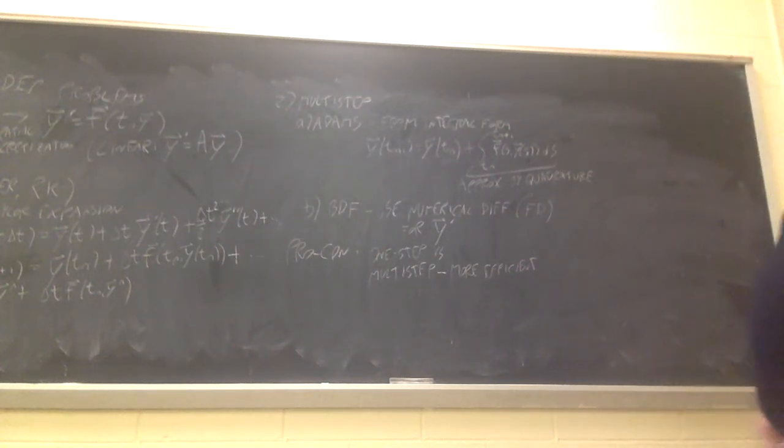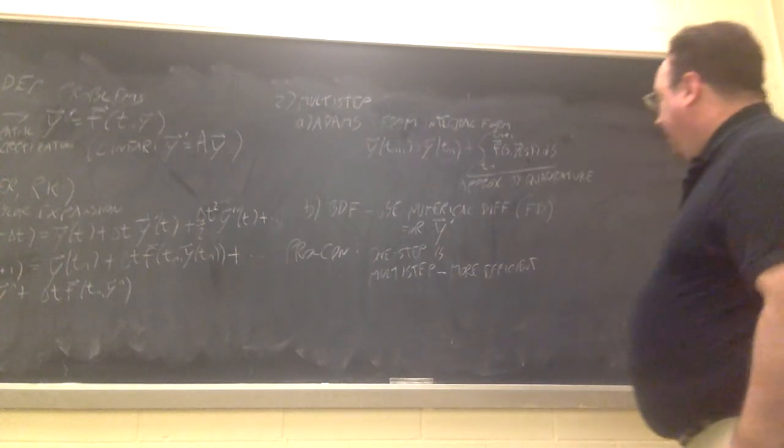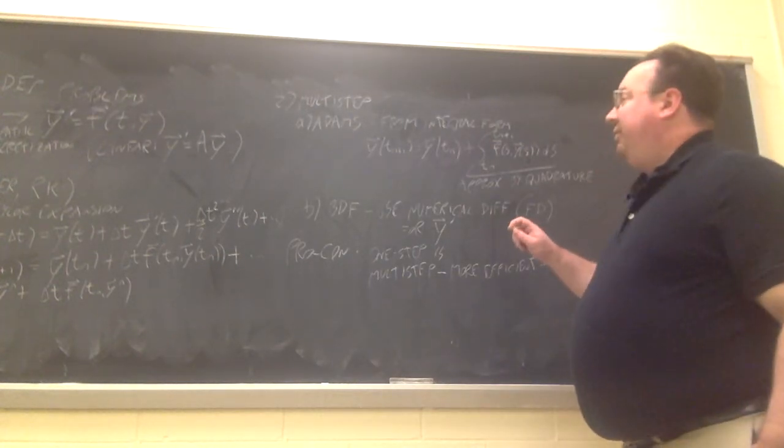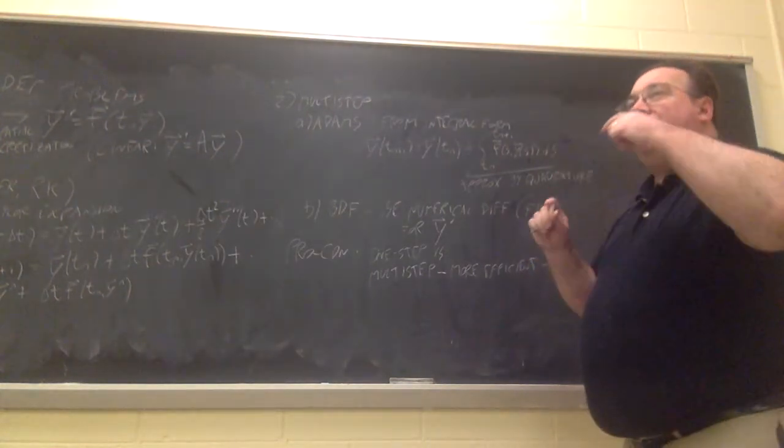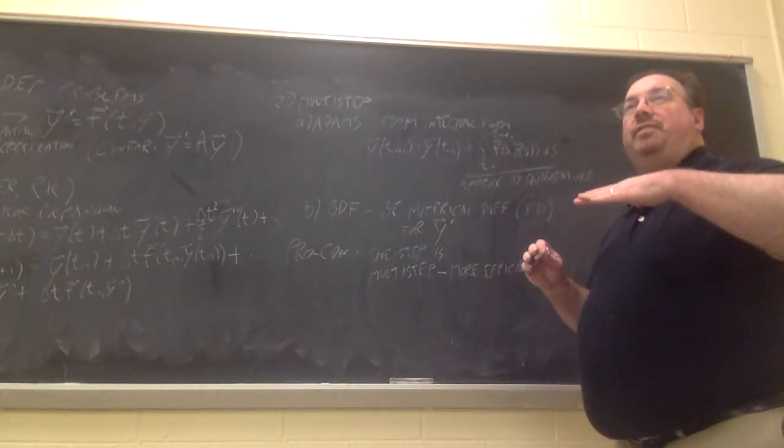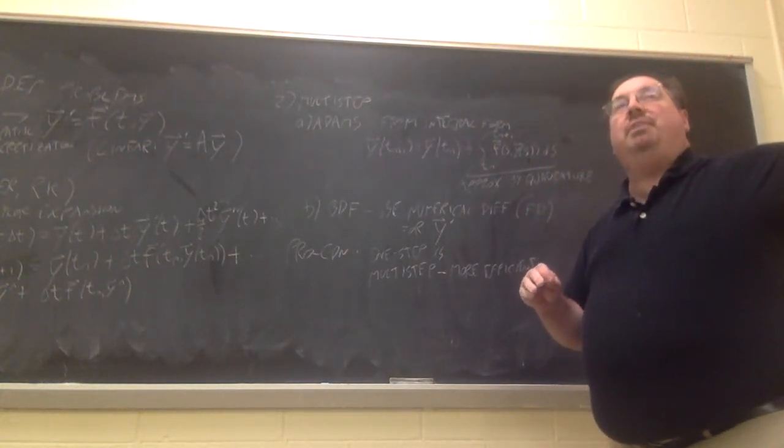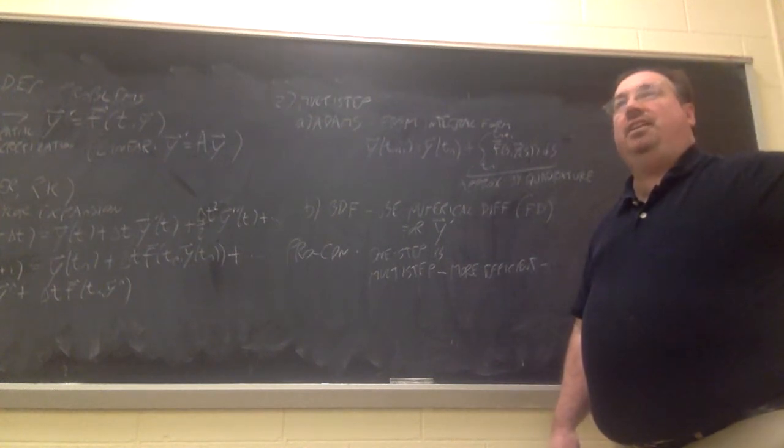Both one-step methods and multi-step methods perform several evaluations of f in a time step. But multi-step methods are using evaluations of f from further back in time, meaning they've already been done.